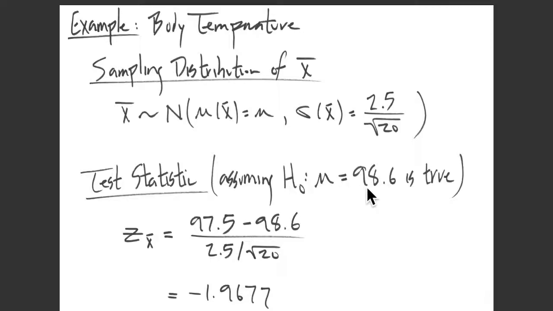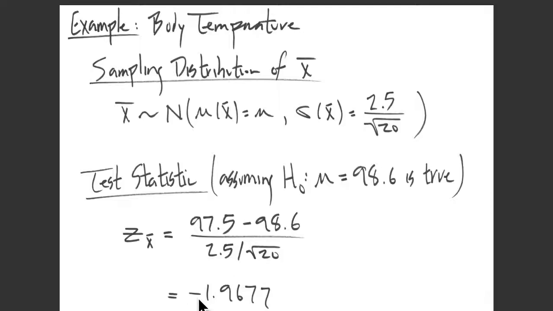So assuming that the true mean is 98.6, and here we're taking the skeptic seriously, at least for the sake of argument, that means that we can compute the z-score, right? Because that would be our x bar value minus the true mean, which from the null hypothesis is 98.6, divided by the standard deviation of x bar.